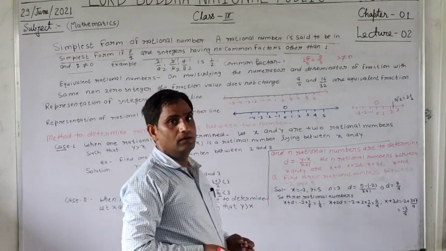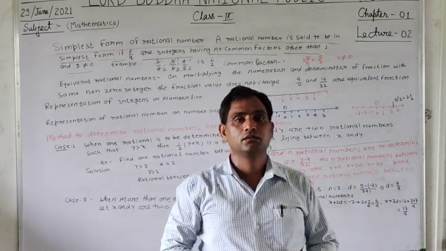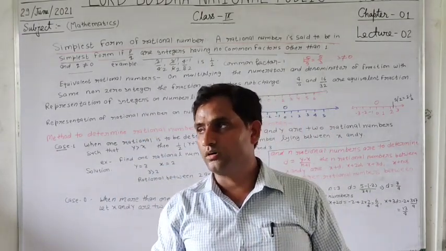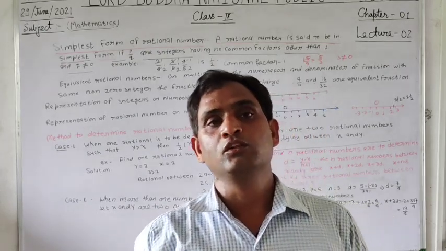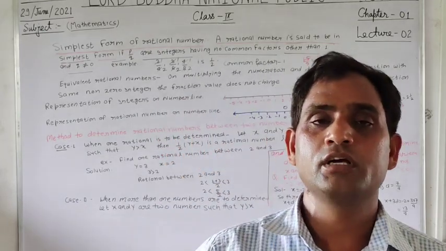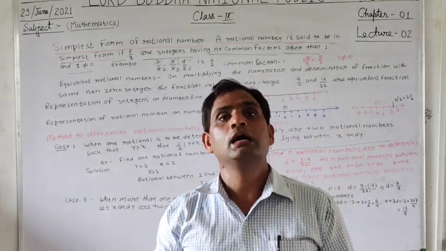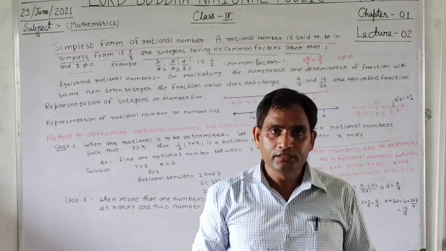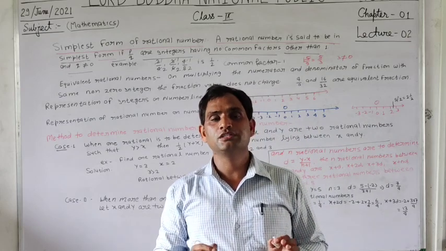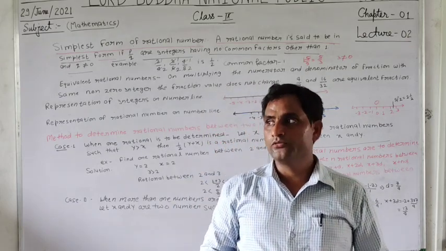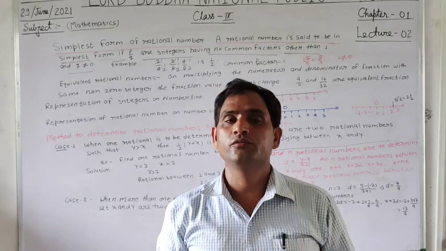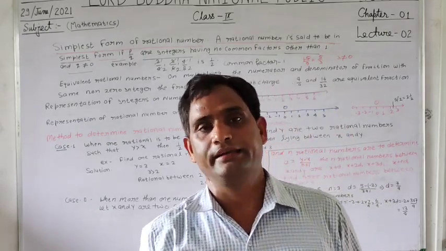The condition is that numerator and denominator have no common factors other than 1 and the denominator should not be 0. If the denominator is 0, then the value will be undefined.